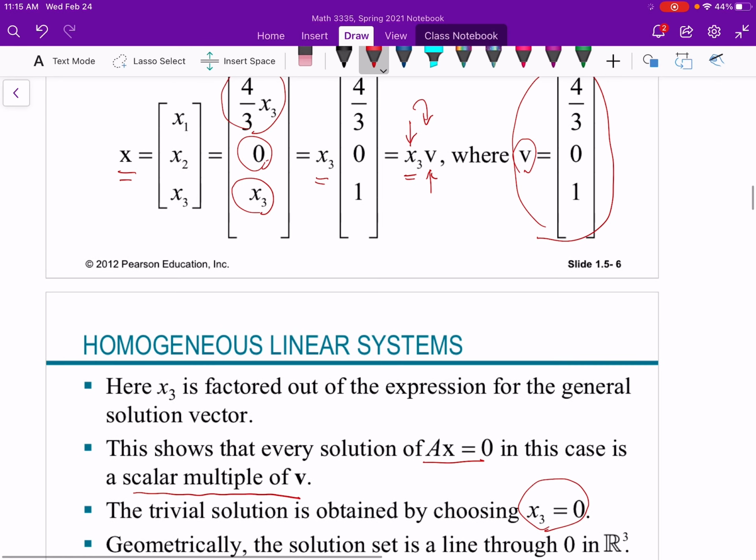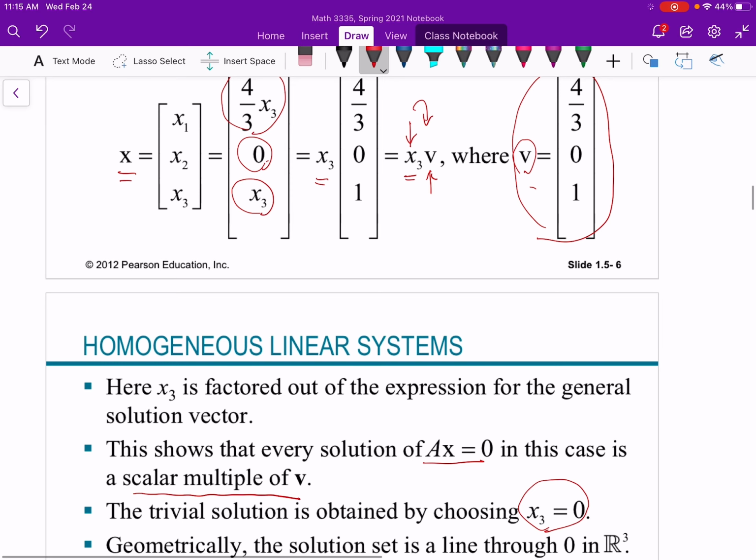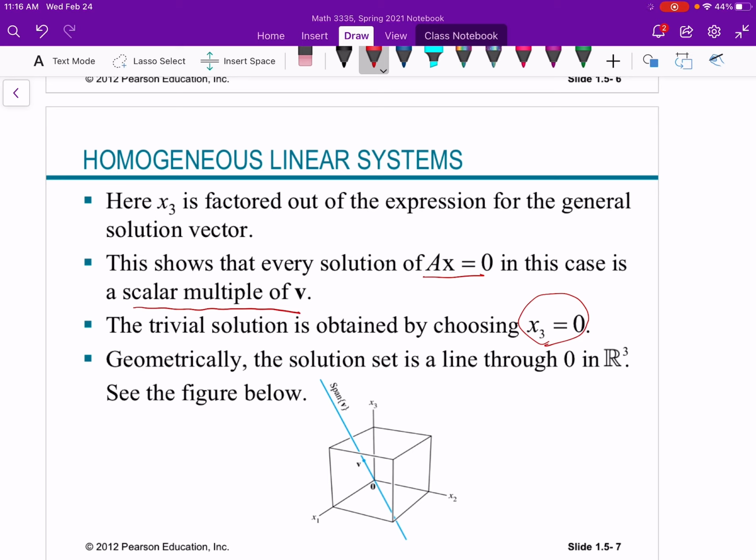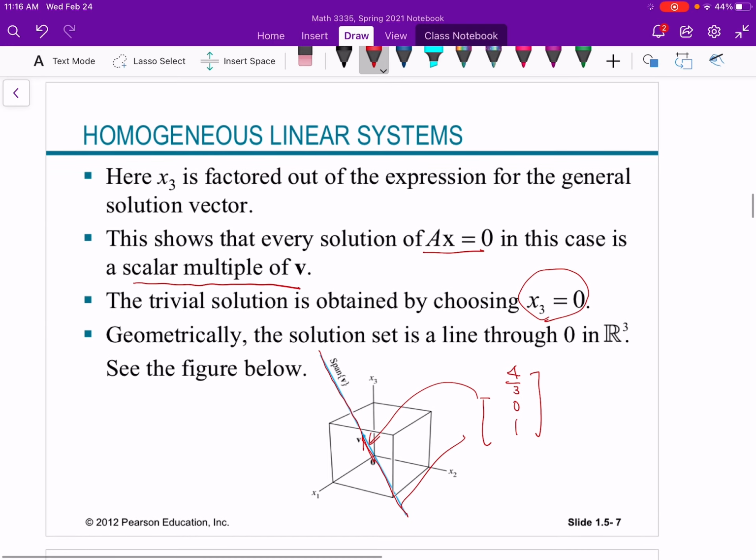Geometrically speaking, the solution set is a line. If you form the vector (4/3, 0, 1), that's v right there, then every solution lies on a scalar multiple, meaning it lies on this line. So that's our example right here.